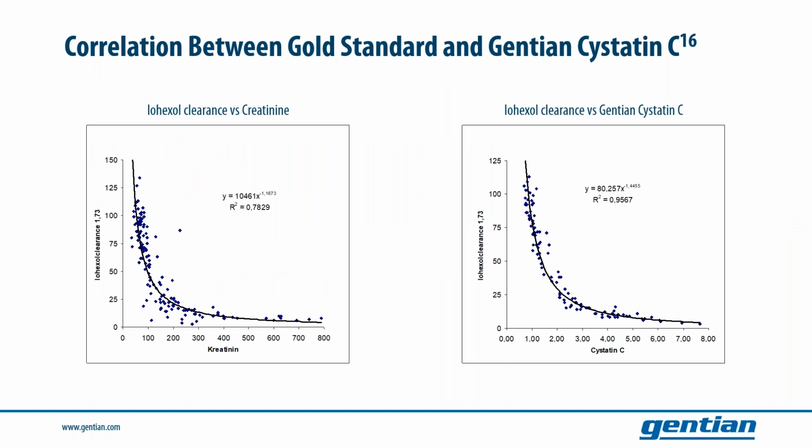The Gentian Cystatin C assay correlates very well with iohexol clearance. And here we have a comparison between iohexol clearance and creatinine, where you have the iohexol clearance on the y-axis and the creatinine concentration on the x-axis.